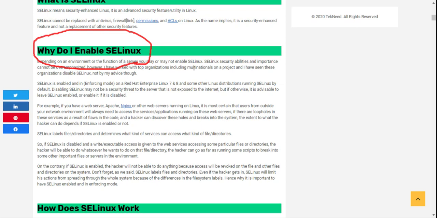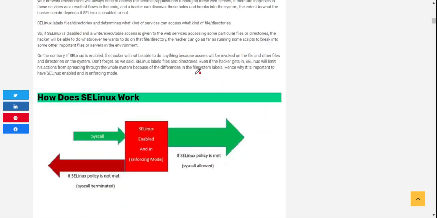If the labeling of another directory or location is different from the labeling of the service the hacker came in with, then the hacker would be restricted and wouldn't be able to spread his malicious activities on the system. And that's why it's very important to enable SELinux.